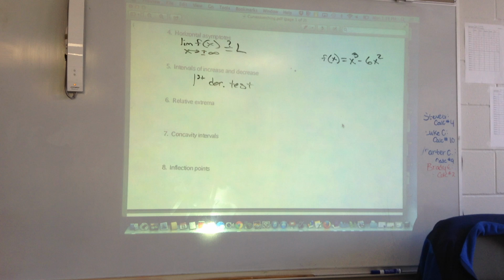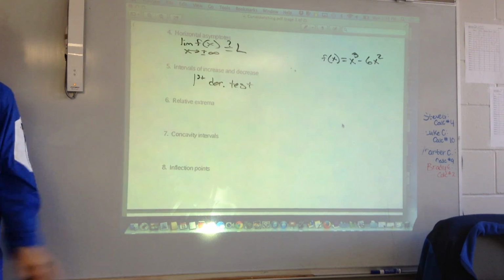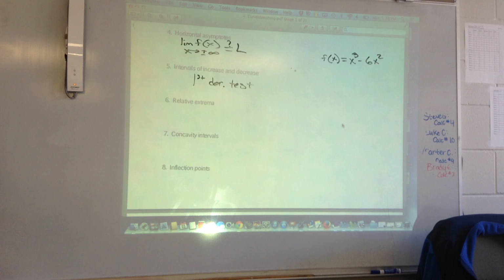Relative extrema? See how I've kind of been going through just in general what we do? How do we find relative extrema? Correct. Local maxes, local mins. See if it's increasing and decreasing from the critical points on. Yep, perfect.